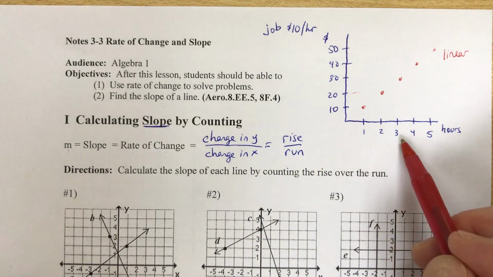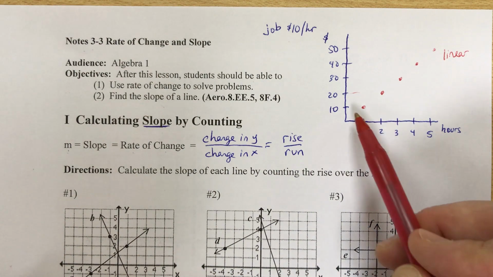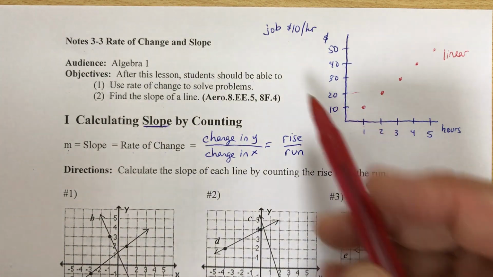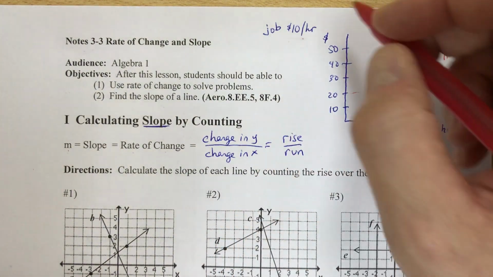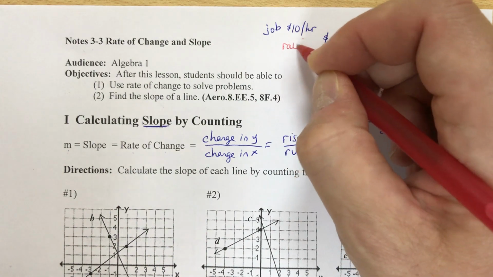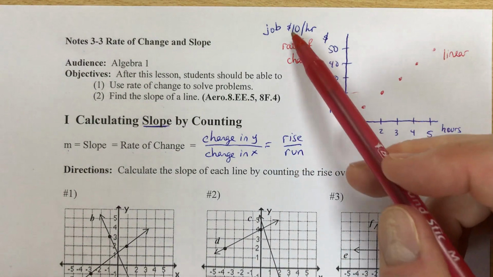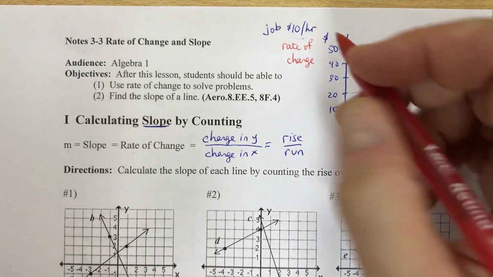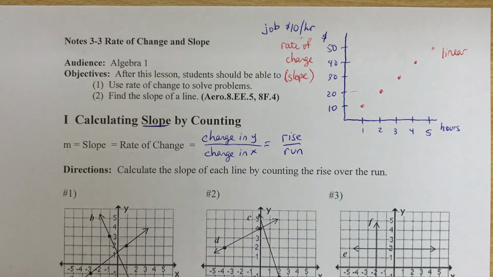So you're taking the number of hours, and each time you increase 1 hour, you are going up $10. Well, when you say what your wage is, how much you're making, you're really talking about the rate of change. $10 for every hour that you work. That is the rate of change, and that is basically what slope is.